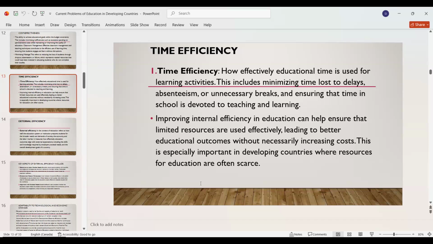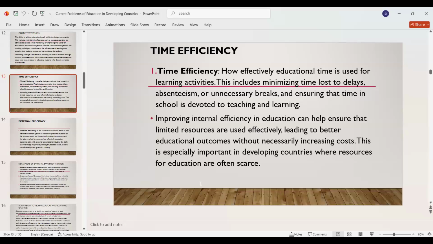Teachers have to have efficient teaching, right? So that's what they have to plan for their teaching and utilize that time well, right? So this includes minimizing time lost to delays, absenteeism, or unnecessary breaks, and ensuring that time in school is devoted to teaching and learning, right?